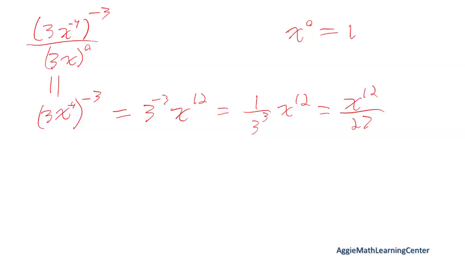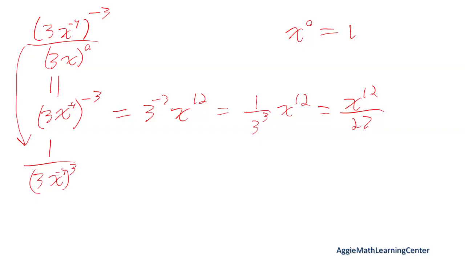Anybody have any questions on that procedure? I have a question. Could you just flip the whole top bit to the bottom and then that cancels out the negatives, or do you have to distribute first? So you're saying we could rewrite it as 1 over 3x to the negative 4 cubed?